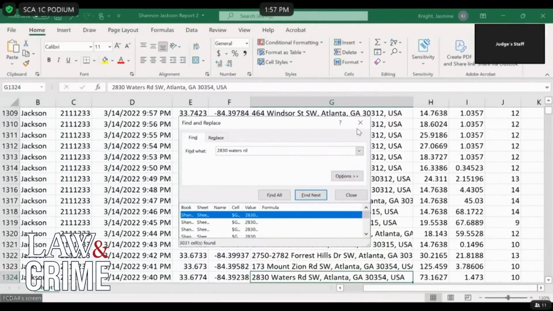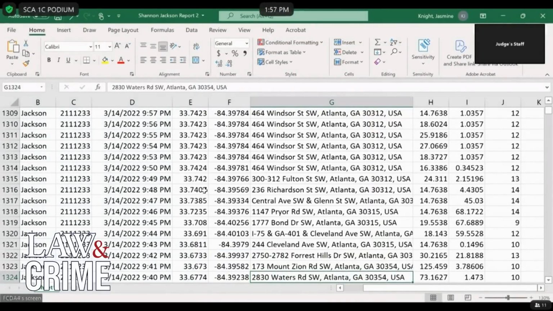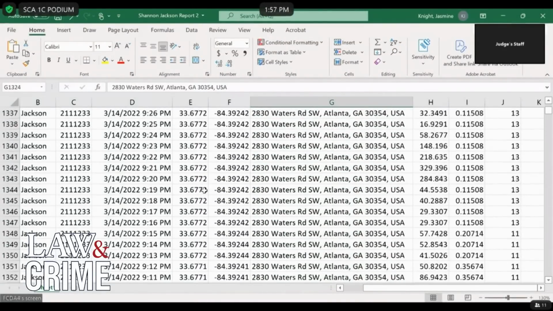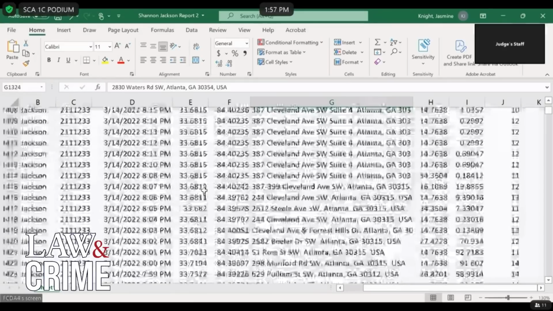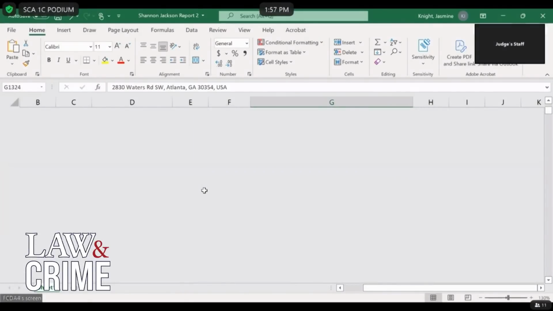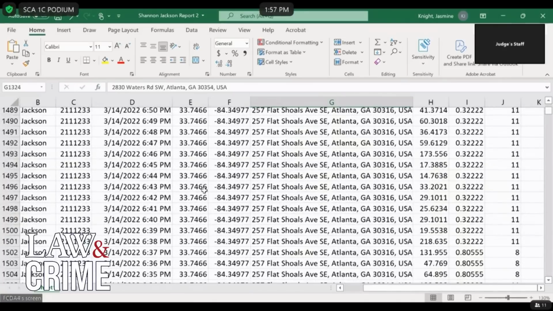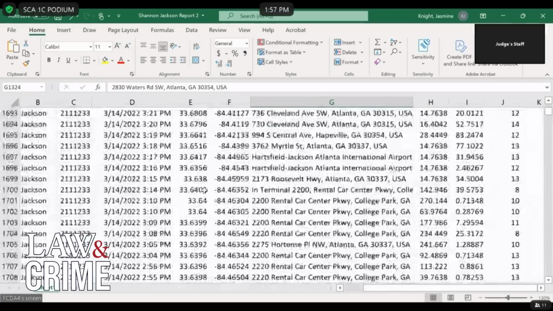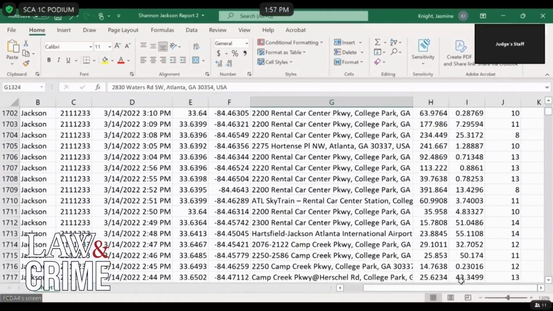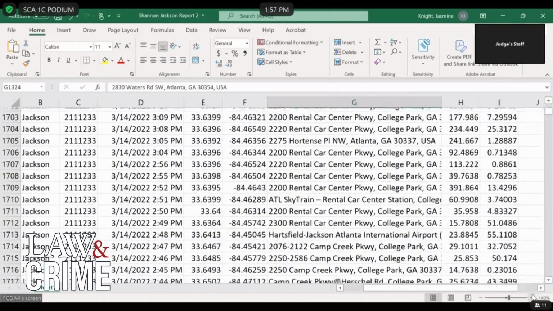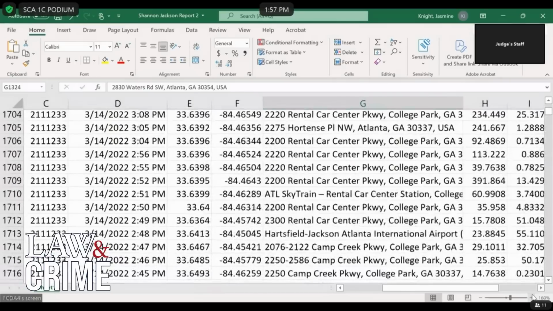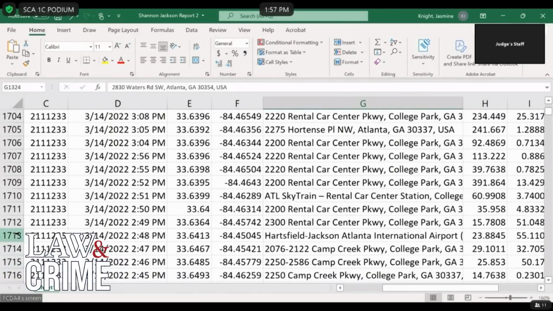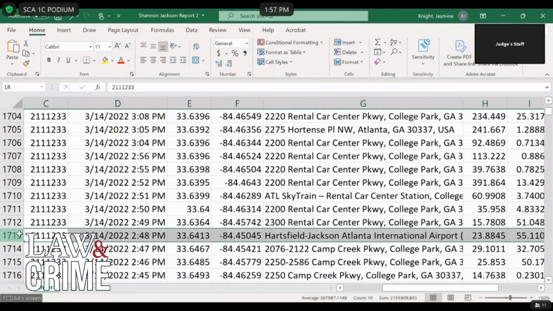Okay. Now, I wanted to orient you to 2:48 p.m. on March 14th. We're going to get to that location in this data, 2:48 p.m. on March 14th, 2022. And when it comes up, I'm going to ask you a couple questions. What is the location at 2:48 p.m.? And if you can use that pointer, Mr. Bailey, I appreciate it.